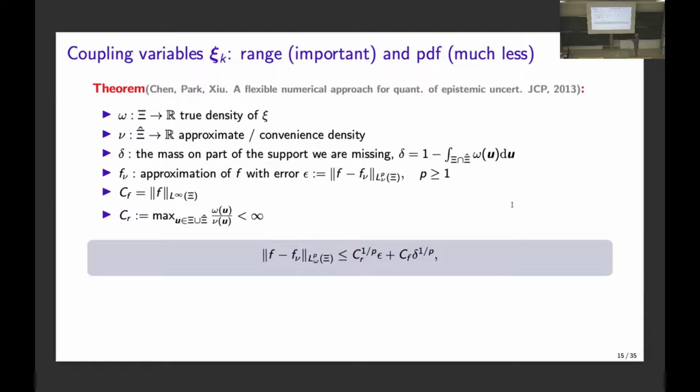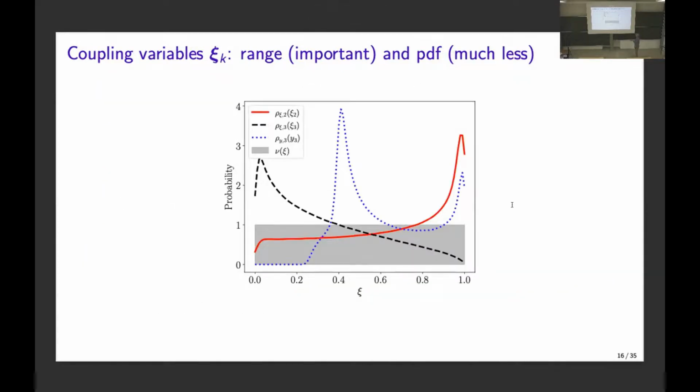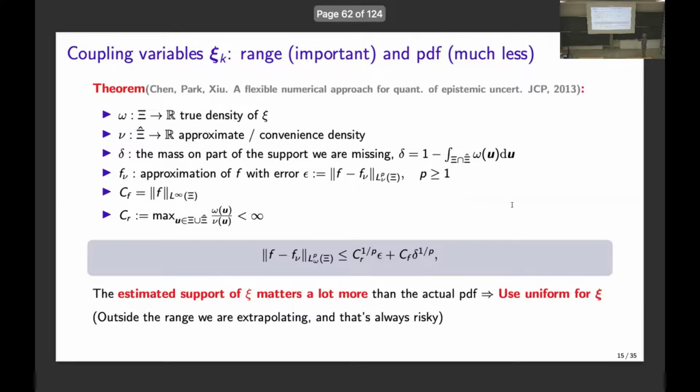This delta here is the mass of the true measure on the part of the support that we're missing. So if I approximate the black PDF with the gray PDF, the two are on the same support, and then this term disappears. And the other term left is a constant times epsilon, and epsilon is the convergence of the surrogate with respect to the true PDF.